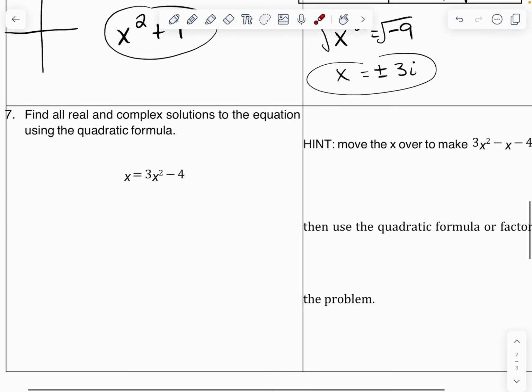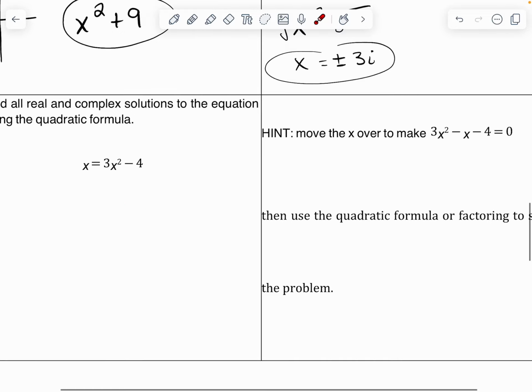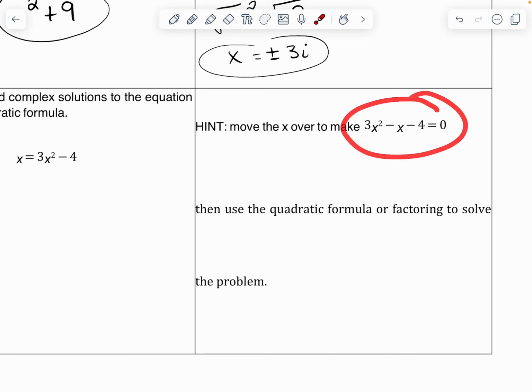Okay? A couple more. Number 7. Find all the real and complex solutions to the equation using the quadratic formula. For this, first thing we have to do is subtract x from both sides to get this equal to 0. When we do that, we get this equation here: 3x squared minus x minus 4 equals 0.